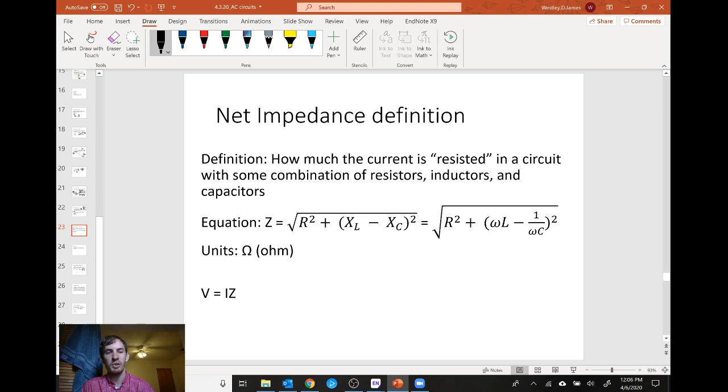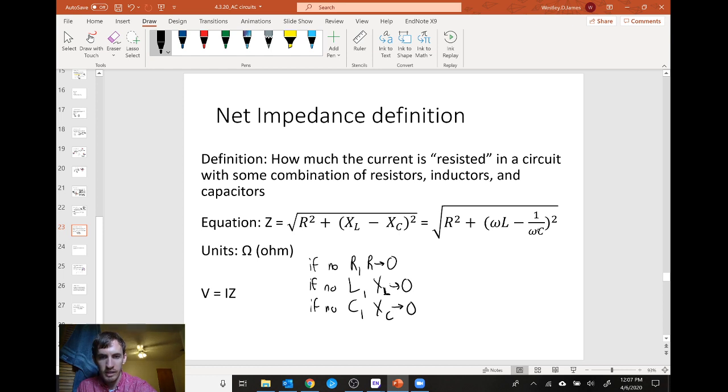You may think that if we don't have a capacitor that C equals 0 and this goes to infinity. That's not the case. So if no R, R goes to 0. If no L, omega L, and in fact, I'm going to write this, XL goes to 0. If no C, omega C goes to 0. Okay, that's an important thing I want to clarify.